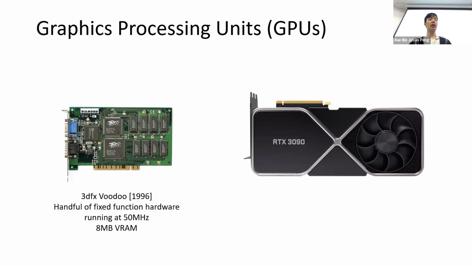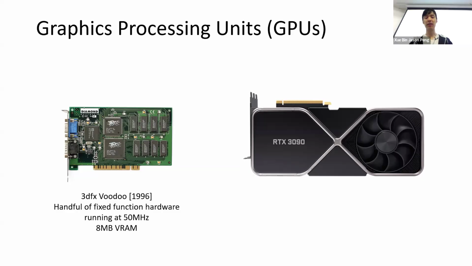These early GPUs have a handful of fixed functions. These circuits are specifically designed to perform a very narrow set of operations to make rendering very fast. These early GPUs run at about 50 megahertz, and they have a measly 8 megabytes of VRAM.